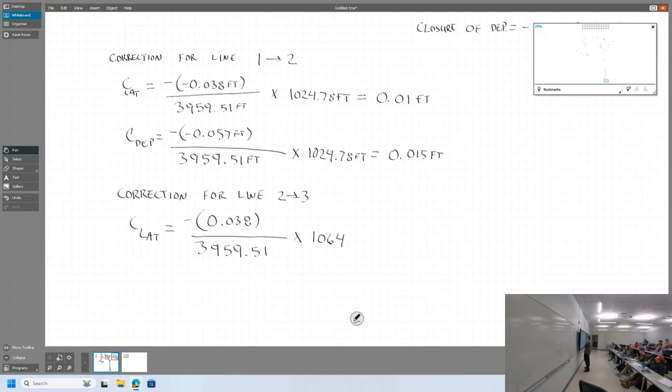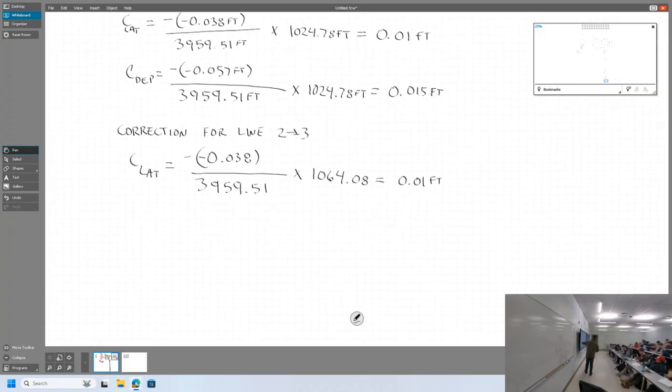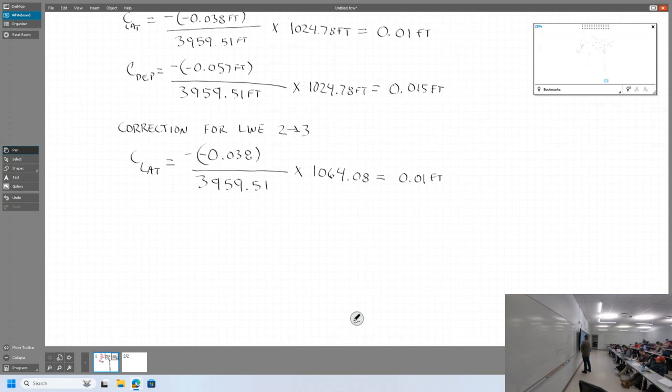So it's still negative. I'll just write down the departure here for 2 to 3.